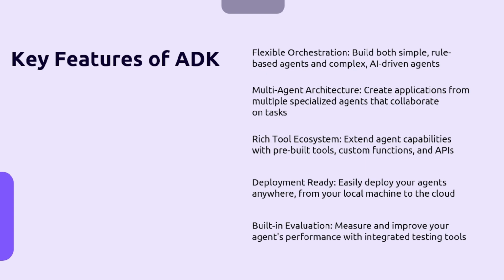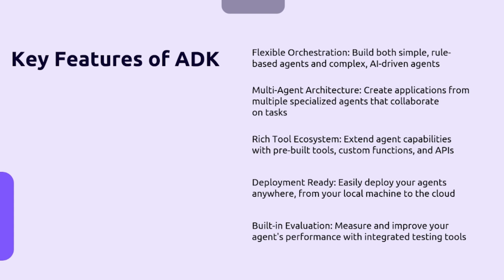The first feature of ADK is its flexible orchestration. This means that you can build different types of agents, be it simple rule-based agents or complex AI-driven agents like a chatbot. The next feature is its multi-agent architecture. It means that ADK lets you create systems where multiple agents work together, each specializing in a different skill. ADK also has a rich tool ecosystem.